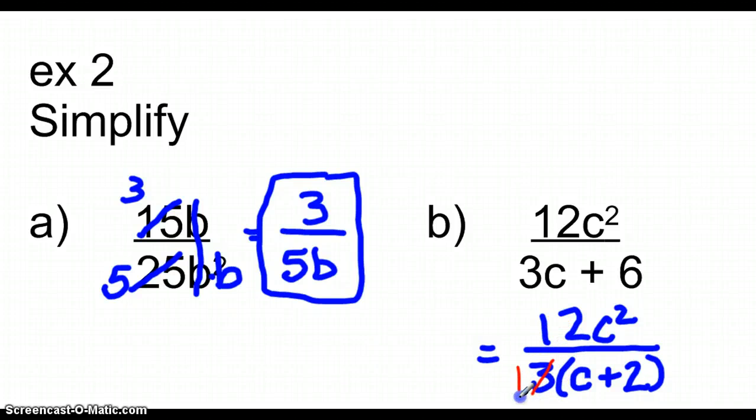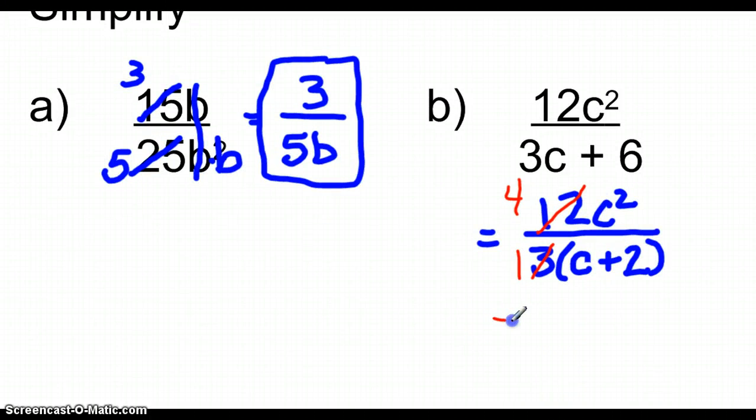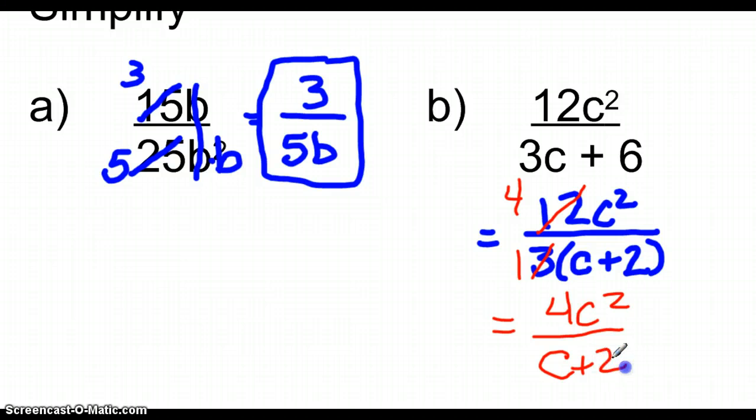So 3 will go into itself once, and will go into 12 4 times. So if I was going to reduce this, it would be 4c squared over c plus 2. Remember, our job again is to go through and reduce as much as we can.